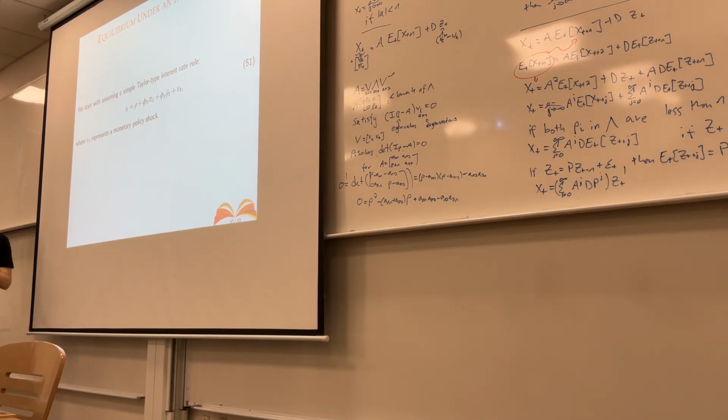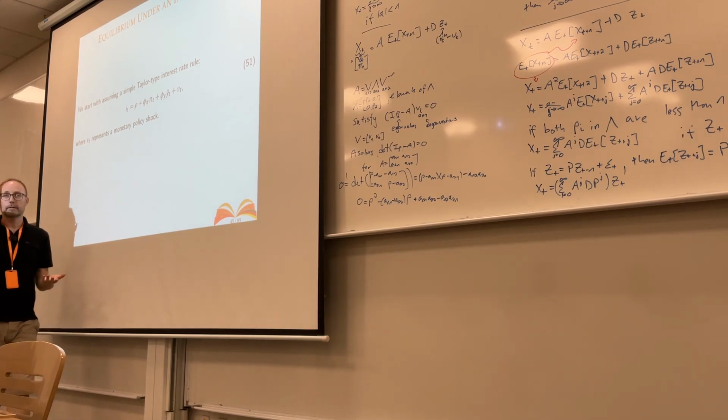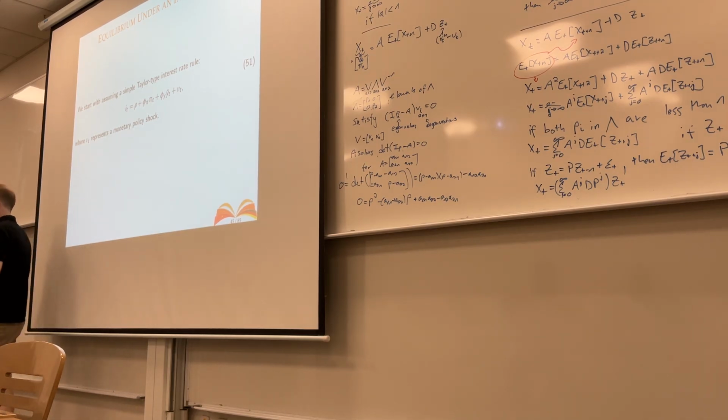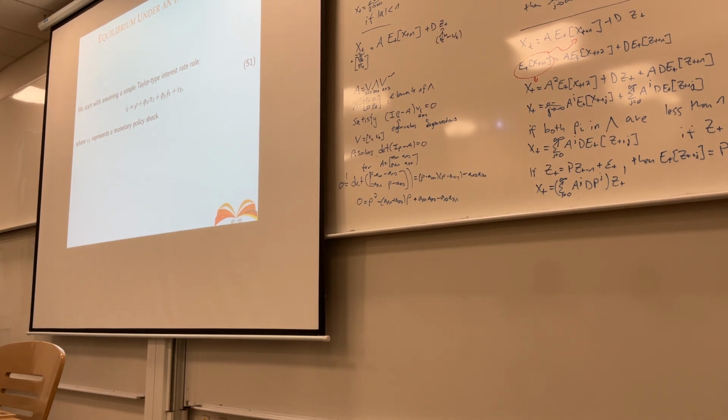To think through how this might work, imagine we all think inflation is going to be higher. If we all raise our prices, then inflation is higher, and we now have a self-confirming, self-fulfilling belief shock.